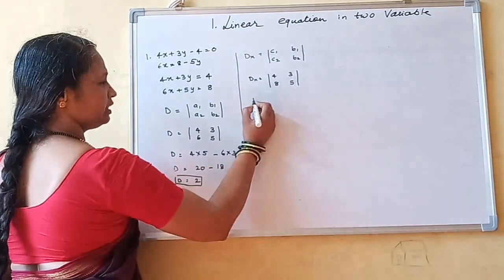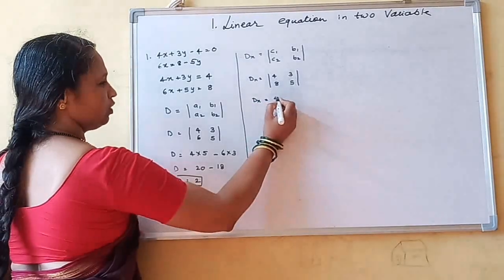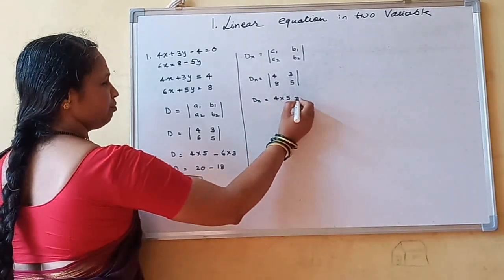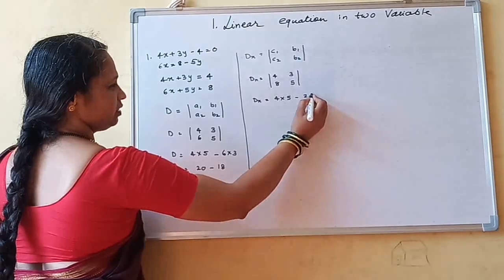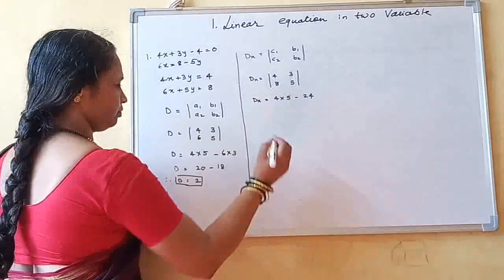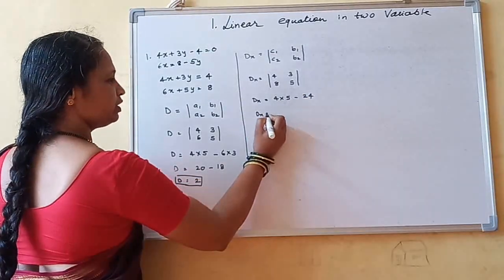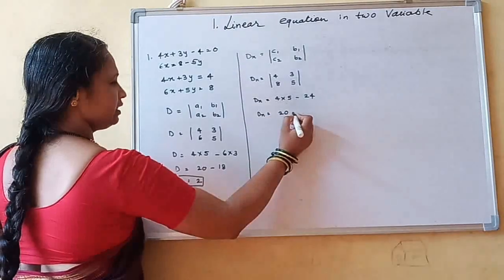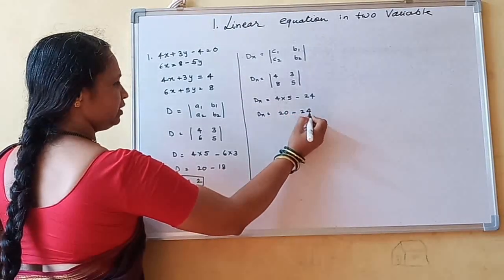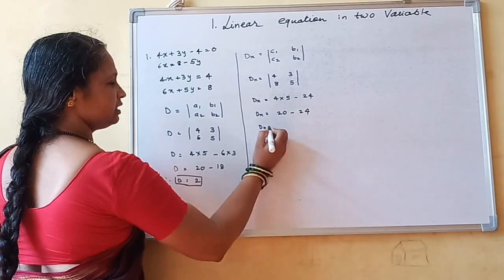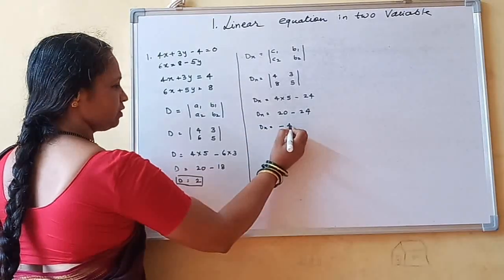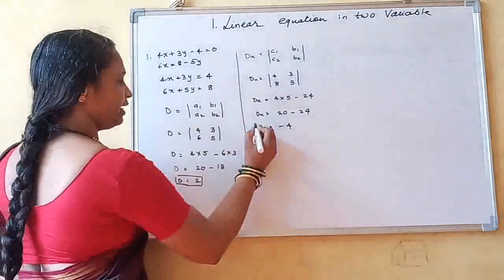Therefore the value of Dx will be 4 into 5 minus 8 into 3, where 8 threes are 24. So Dx is equal to 20 minus 24, which is minus 4. Now we have the Dx value.